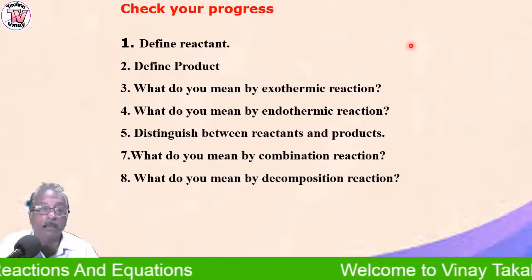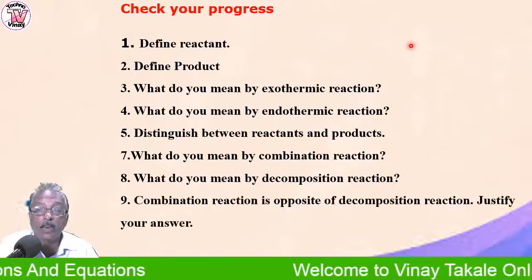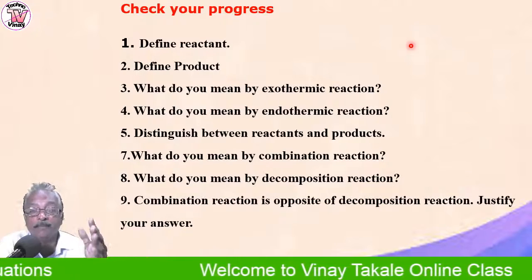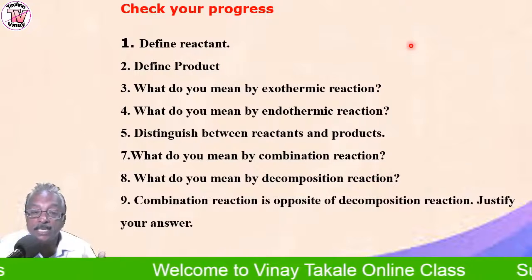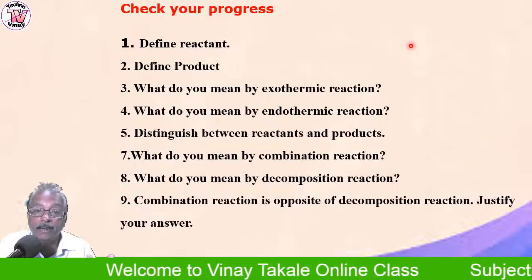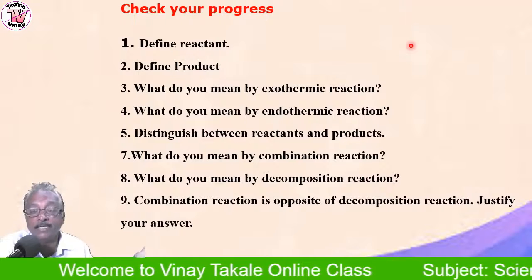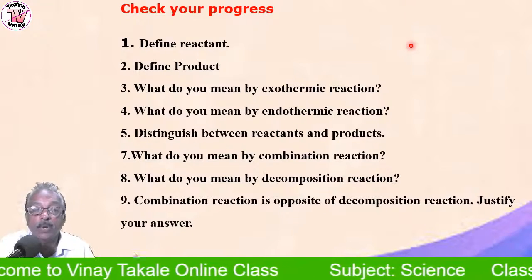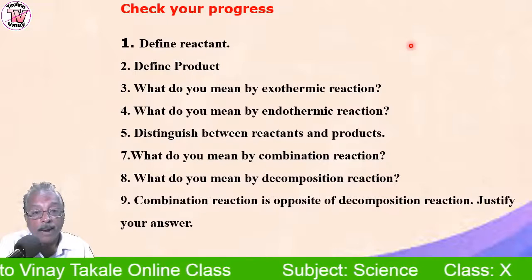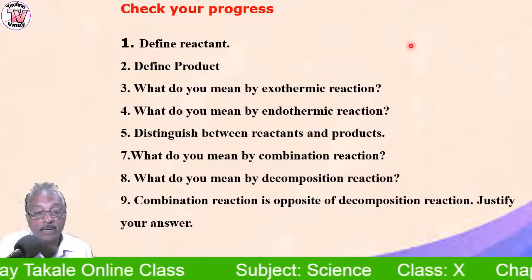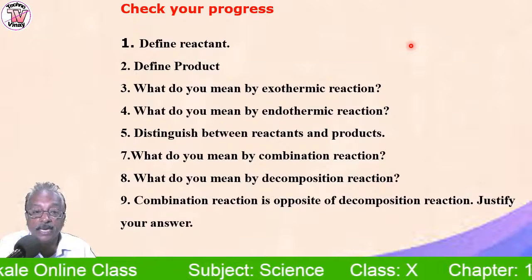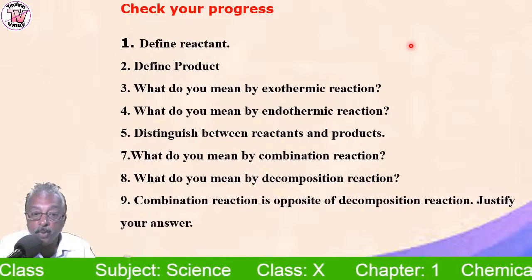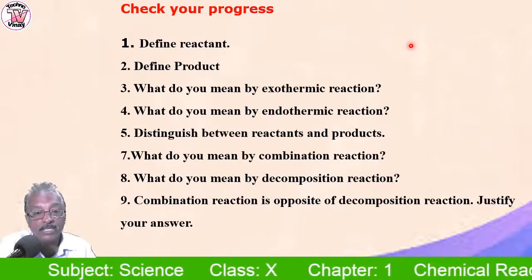What do you mean by decomposition reaction? Combination reaction is opposite to decomposition reaction. In a combination reaction, two or more reactants combine together to form a single product, whereas in decomposition reaction, a single reactant breaks down into two or more products. So it is just opposite.